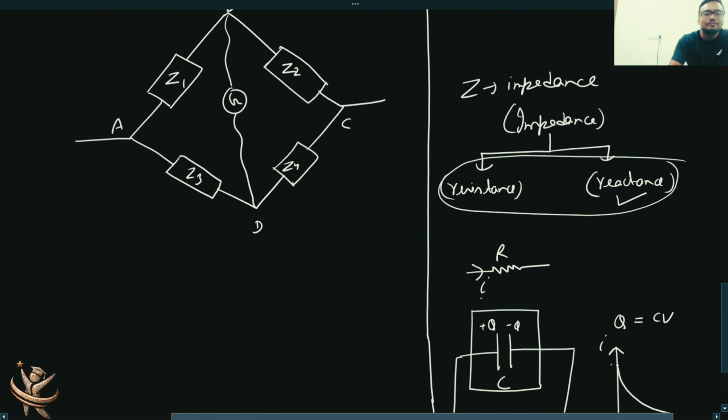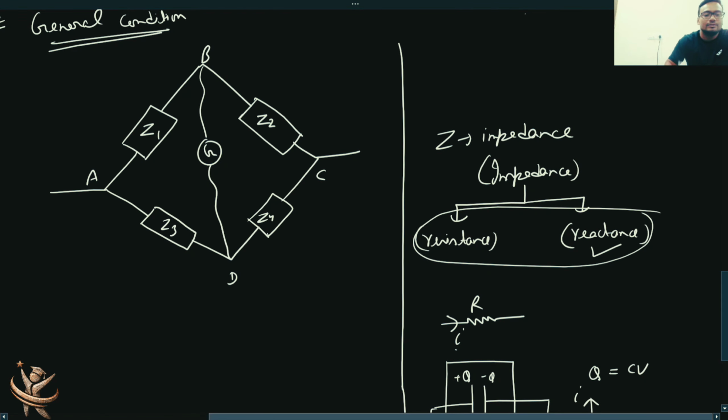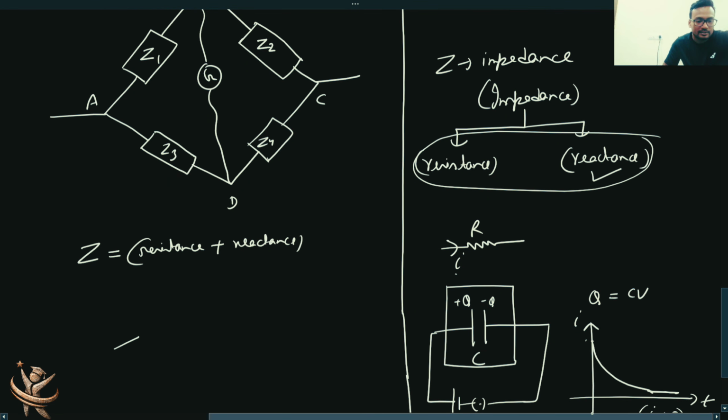That's why if I take this situation, Z1, Z2, Z3, Z4. So Z is representing the impedance. You can treat Z as equal to resistance, if there is resistance there, plus reactance. For example, suppose within the box you have this circuit, like you have a resistor and then you have a capacitance, right? So they are going to have an overall impedance here, right?